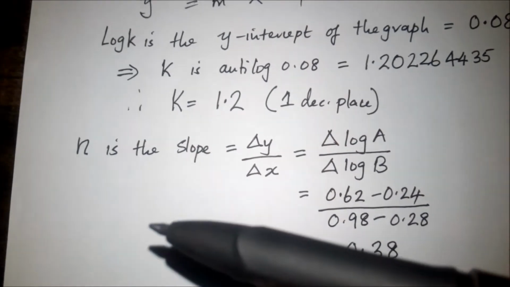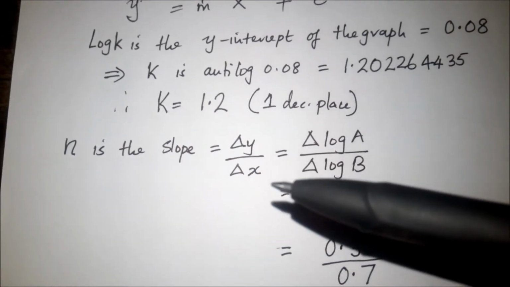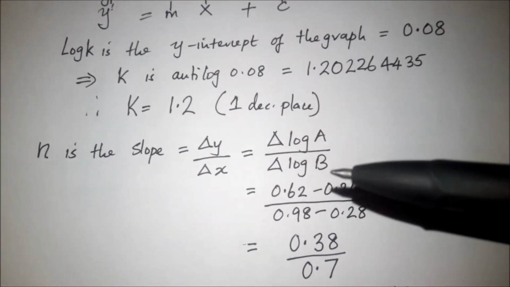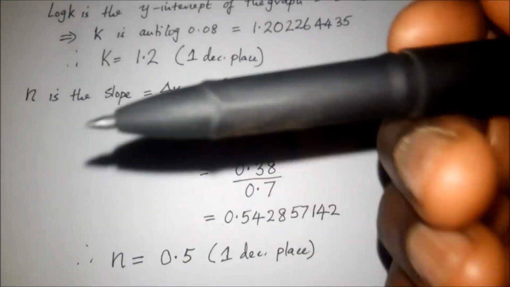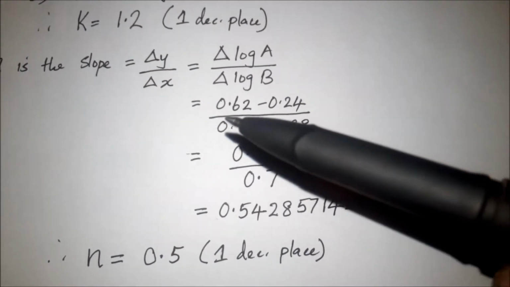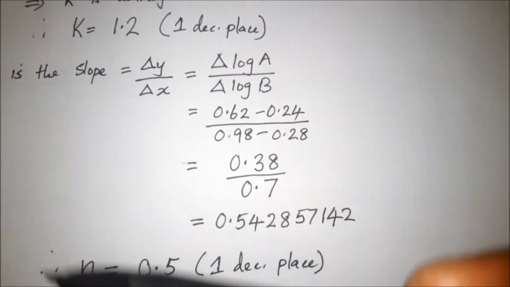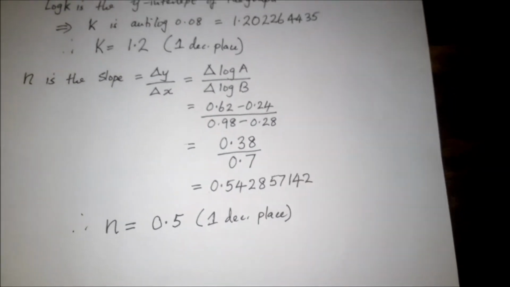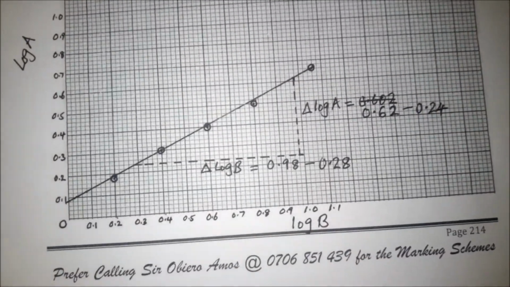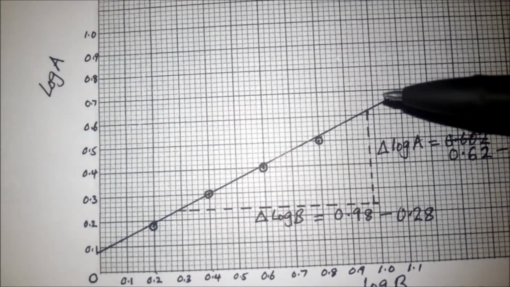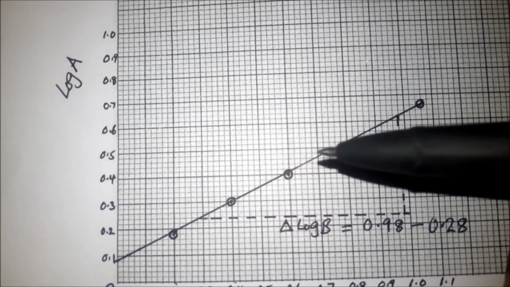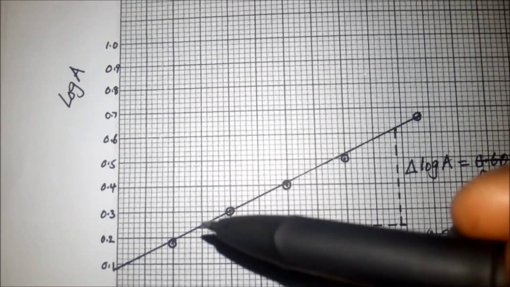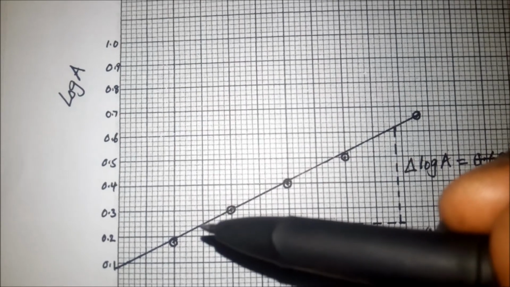N, remember we said, is the slope, and the slope is change in y over change in x, which is the change in the logarithm of a over the change in the logarithm of b. I will show you how I got these values. Look at this graph again, the way I have drawn it. Pick any convenient point along this line, like the one I have here.